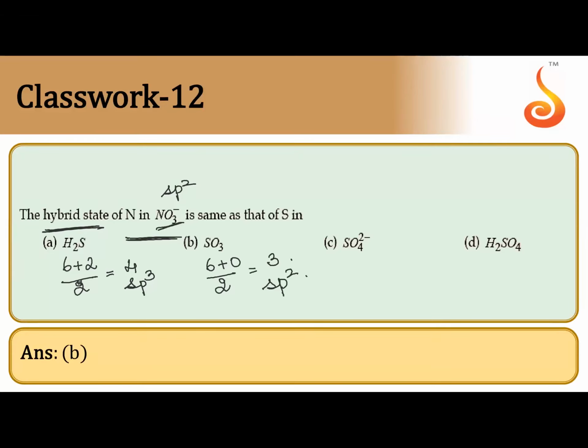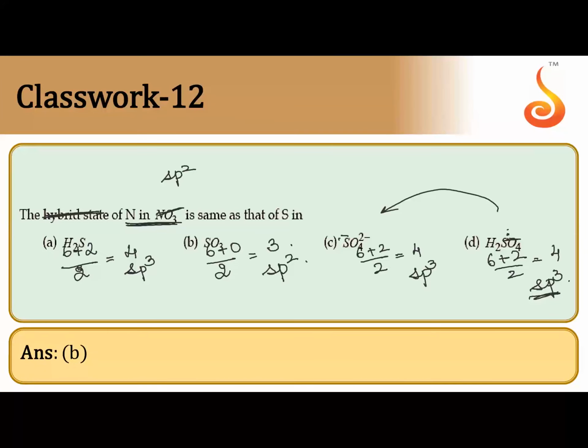You can just go ahead and calculate for others. 6 plus 2 by 2, 8 by 2 is 4, so sp3. And this will be same as this because sulfur here and here is same. But even if you want, you can calculate, no problem. So here also 6 plus 2 by 2 only it will come to be. So 4, sp3. Clear with this question? Answer is option B.